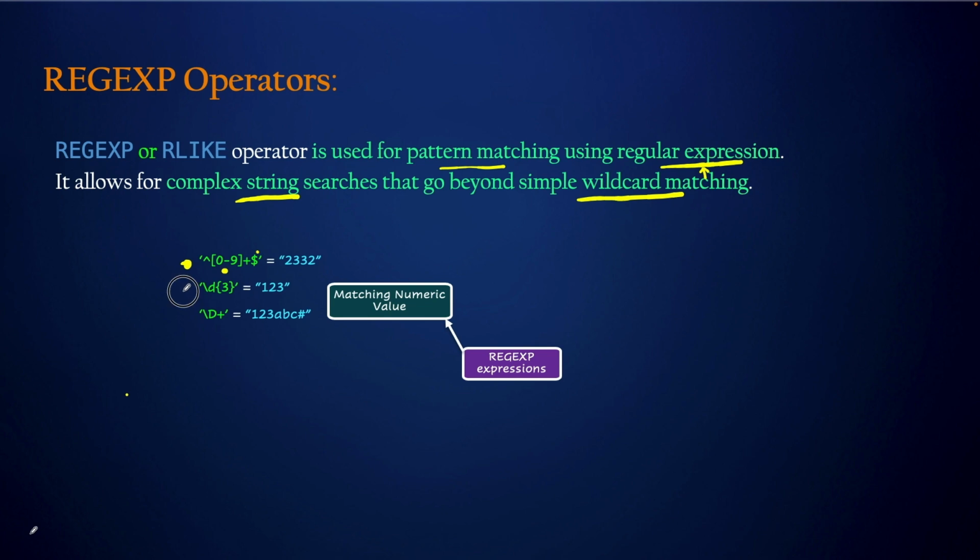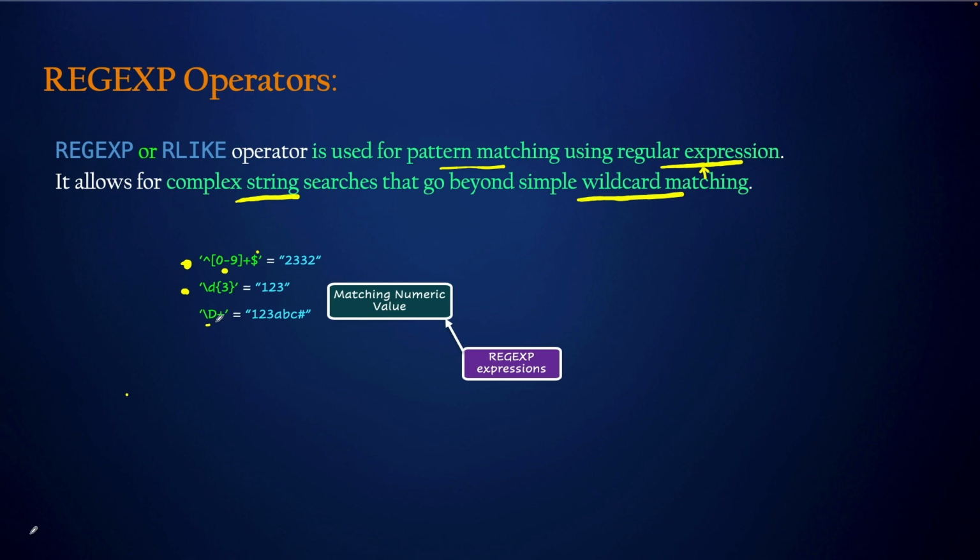Then second, backslash lowercase d. This tells you that you will have digits, and there will be 3 digits. So it can be 1, 2, 3, or 7, 8, 9, or 0, 1, 2. Backslash capital D is exactly the opposite.